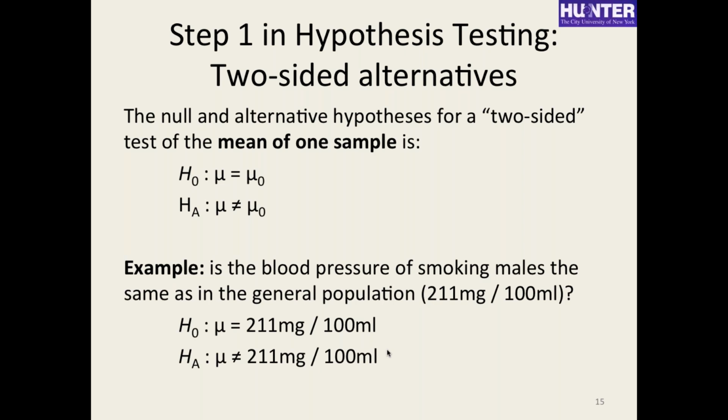Notice all they did there was substitute the known value, right? Mu for smokers is equal to mu for the entire population. That's what mu0 represents, the entire population. So mu for smokers does not equal the mean for the entire population.